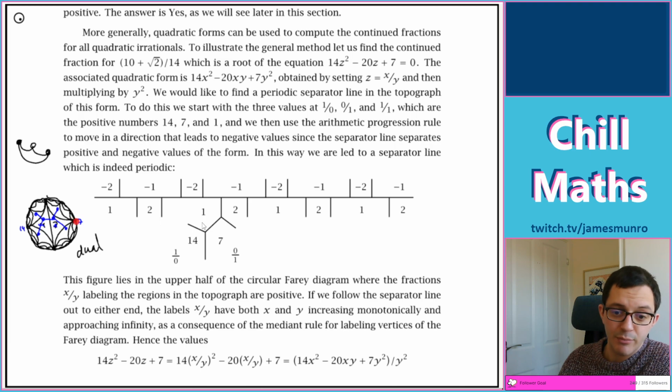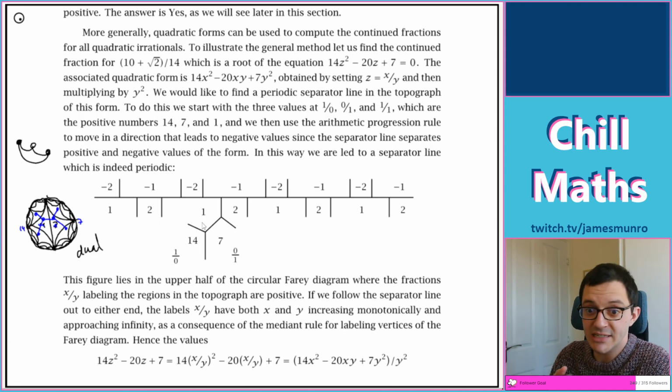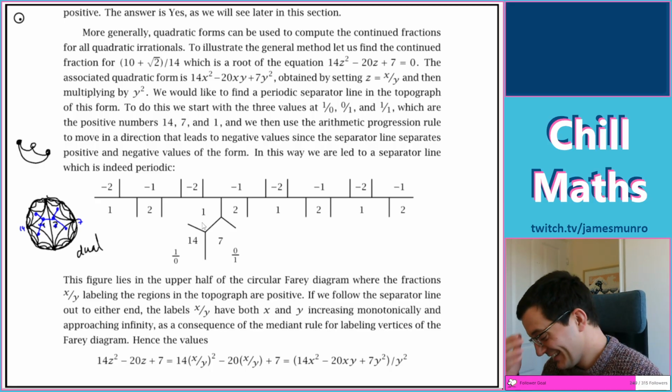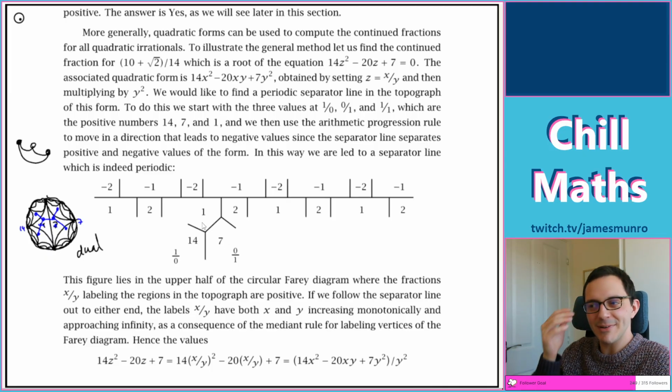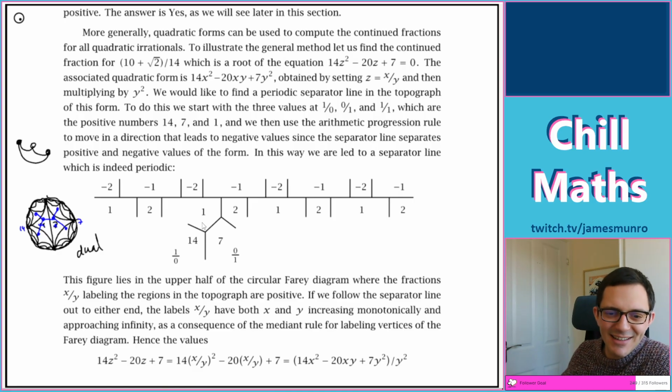They're associated with points in the original fairy diagram because they're associated with plugging in some actual numbers into the quadratic form. And the numbers are written around the edge. The switch to the dual graph has completely thrown me in terms of how you talk, because we have to talk so geometrically, in terms of the shapes that we have. Now everything that was a region is a node and vice versa.